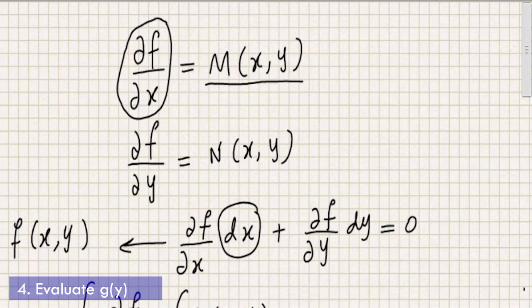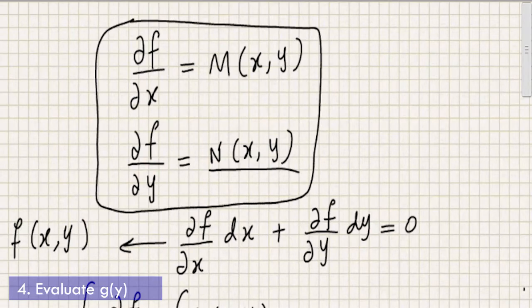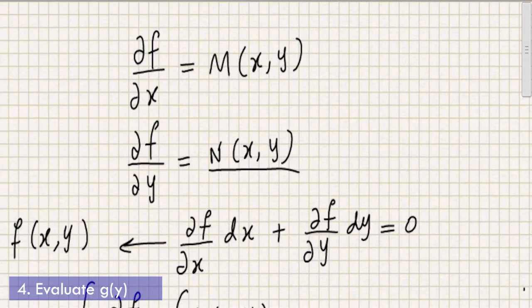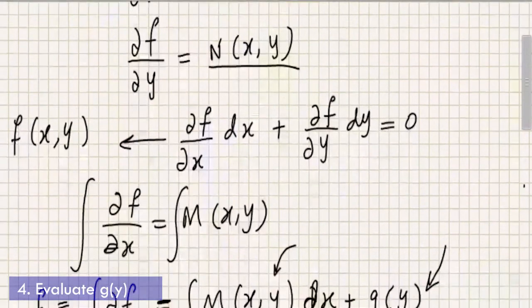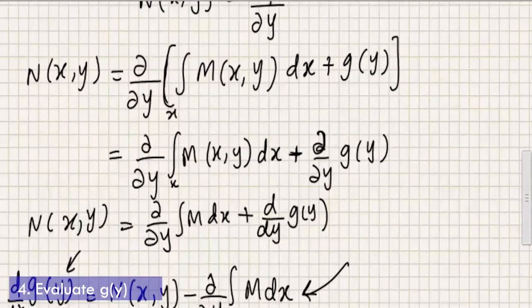Similarly, the definition goes on saying that N of x comma y is actually the partial derivative with respect to y of the same unknown function f, which is somewhere hidden inside M of x comma y. So if we memorize only these definitions and use standard procedures, we should be able to find the value of f of x comma y, getting rid of g of y in the procedure.